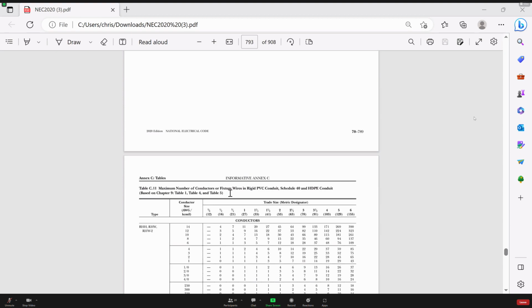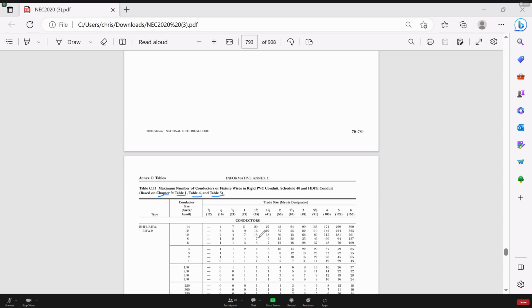Table 5A is in chapter 9. It's before the annexes. So if you look at the top here, do you guys see the NEC right now? Yes, okay. This is saying the maximum number of conductors for this specific raceway based on chapter 9's table 1, table 4, and table 5.